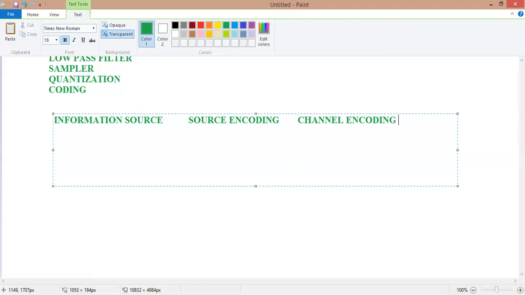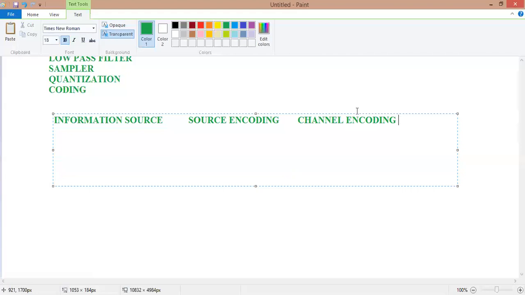Source encoding may suppress a few bits which are not required, but here we want to add some bits. Because if I encode in terms of channel encoding, I want to do error correction and error detection, all those things over here.